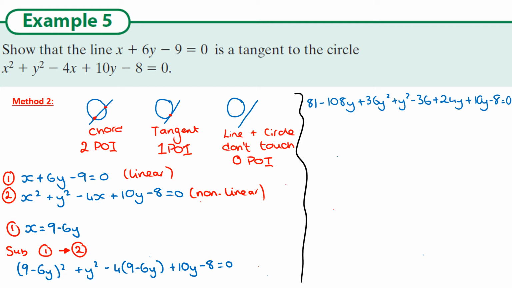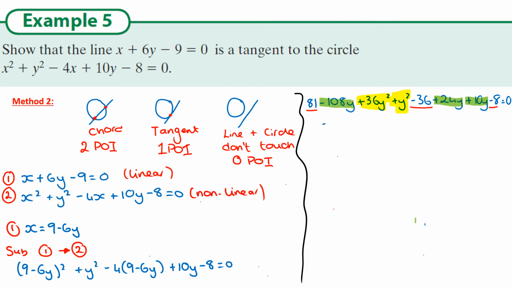So we're going to do a little bit of cleanup here. There's a y squared and a y squared. There's a y term, and a y term and a y term, and then we'll add our number terms together.